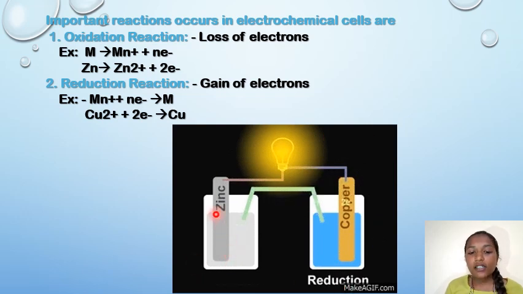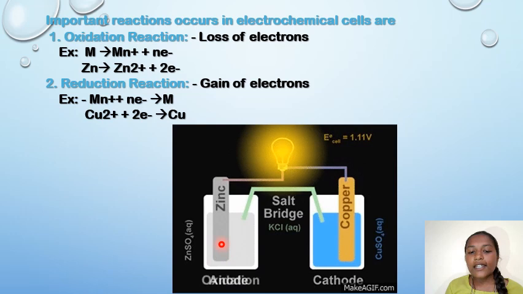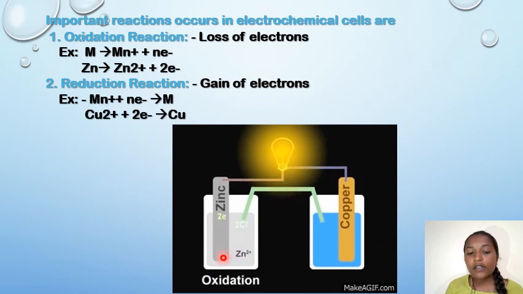As you can see, there is a zinc electrode and copper electrode which are dipped inside the zinc sulfate and copper sulfate. Here in the zinc electrode, there is loss of 2 electrons which is gained by the copper electrode to form a metal called Cu.